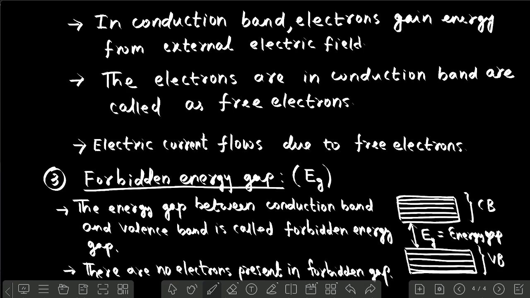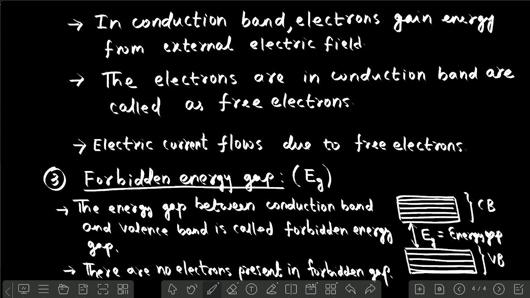For a conductor, the energy gap will be zero, VB and CB will overlap each other. In the energy band diagram we'll see that. So forbidden energy gap is important. Remember the definition and some facts about it. No electrons present in forbidden energy gap.